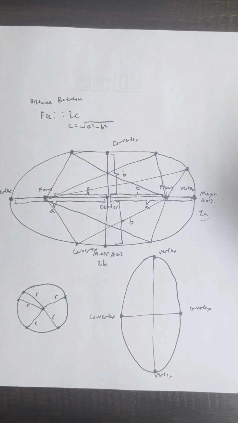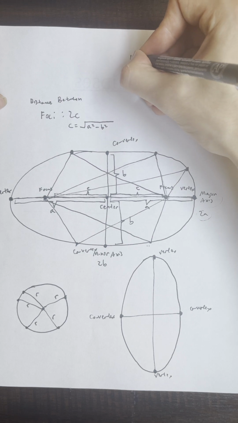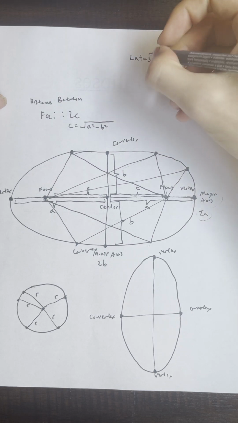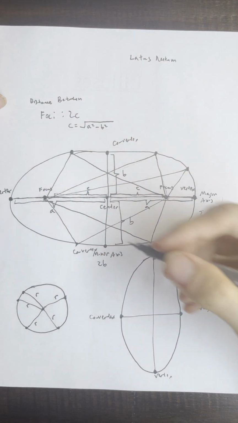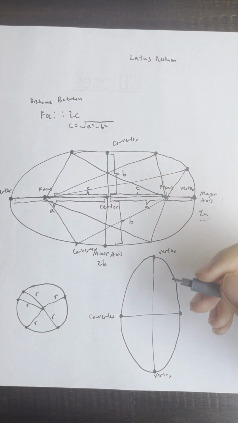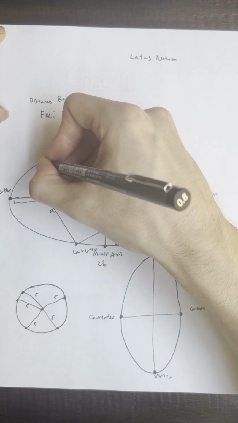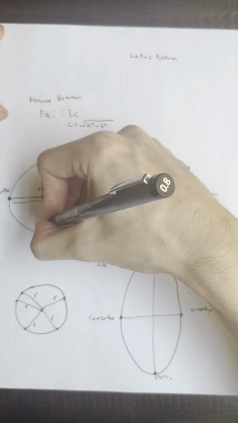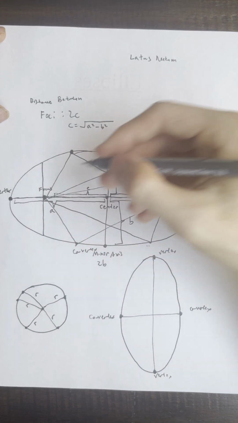Now I want to talk about latus rectum. I'll just write it here. Latus rectum. So what's a latus rectum? A latus rectum is a line segment that is parallel to the minor axis, but it goes through a focus.